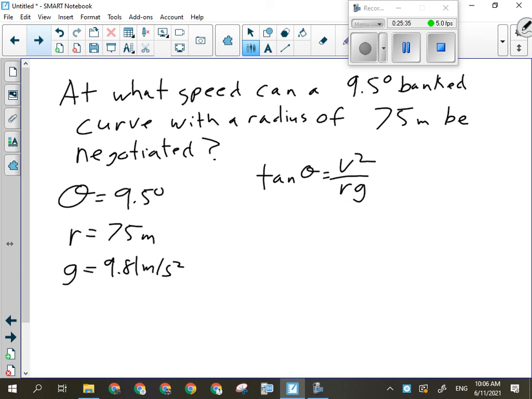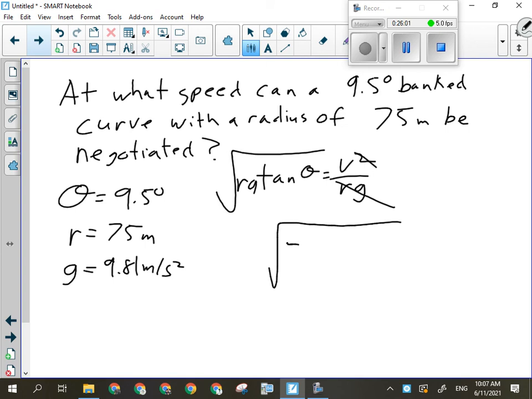Formula for bank curves, tan of theta equals v squared over R times g. And I'm looking for v. So I gotta multiply both sides by R times g, and then square root in order to get v.